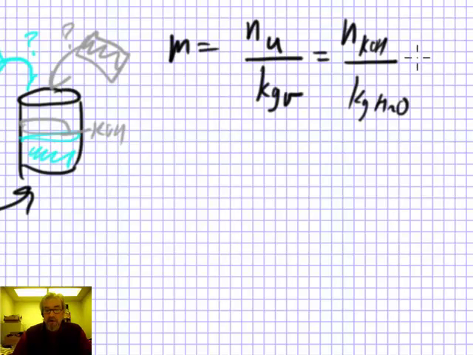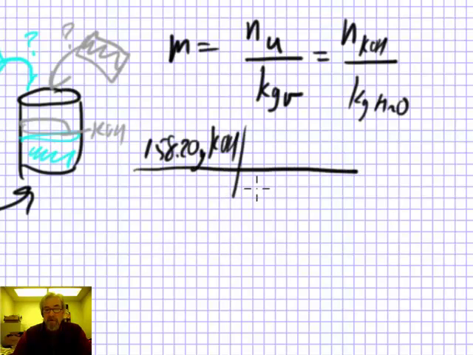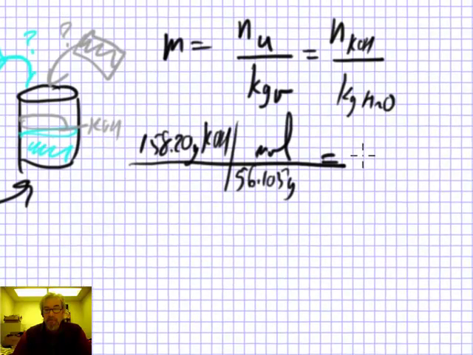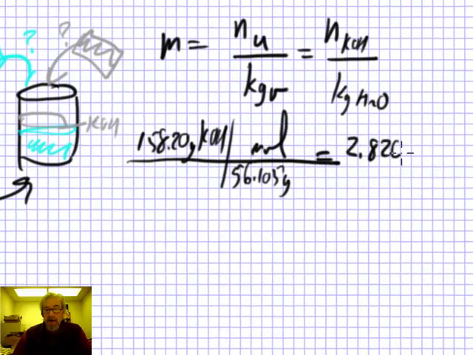We don't know much, but we do know the mass of KOH that's in there. It's 158.20 grams of KOH. The molar mass of potassium hydroxide is 56.105 grams per mole. And so that tells us that in a liter of solution we have 2.820 moles of KOH.